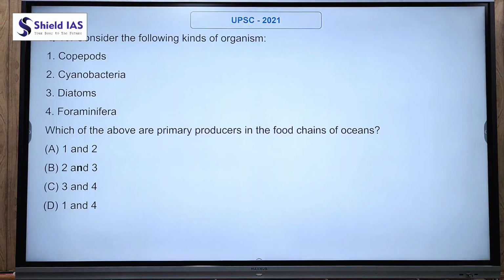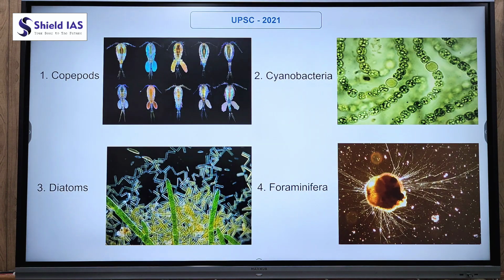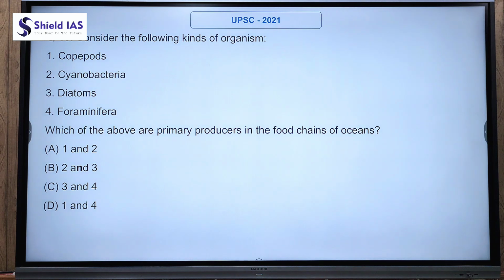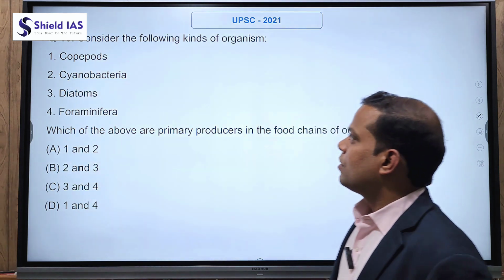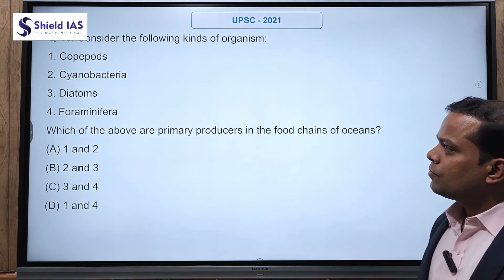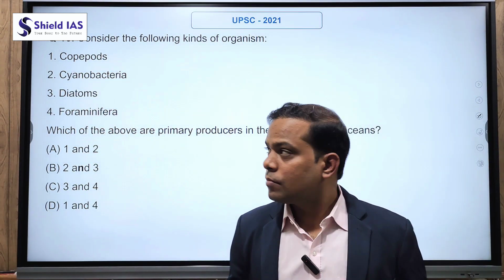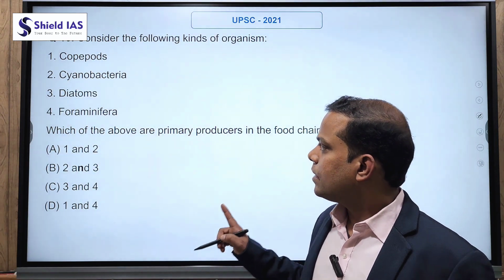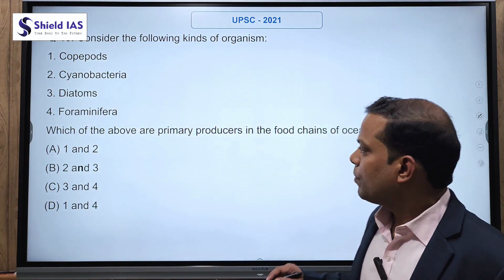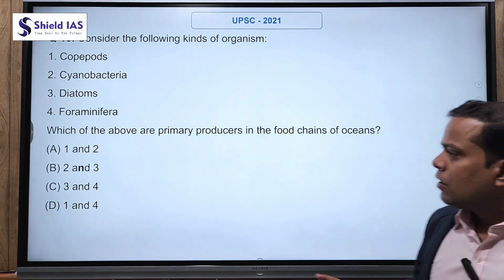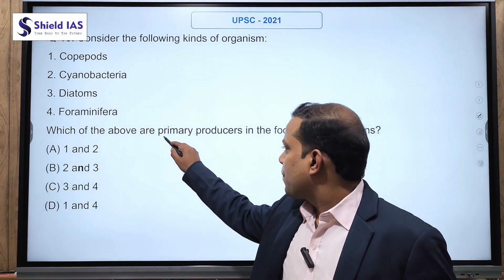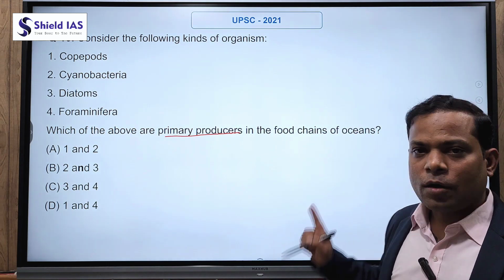You can see the pictures of copepods, cyanobacteria, diatoms and foraminifera. Here we have four kinds of organisms, and the question says which of the above are primary producers in the food chain of oceans.